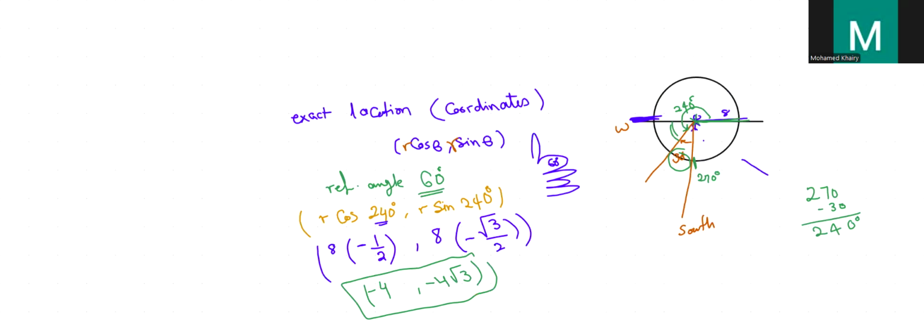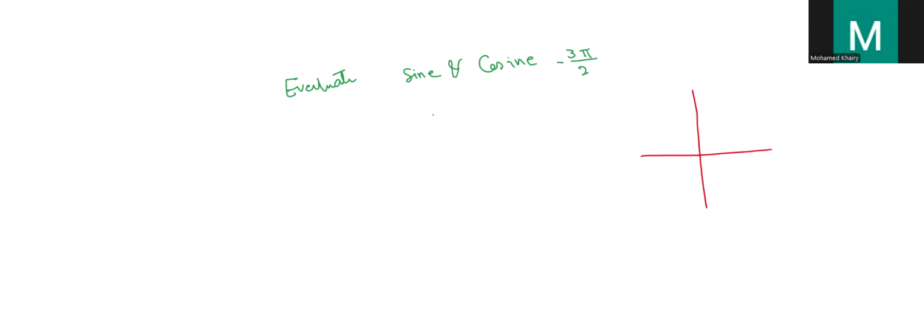But last question, or last part, maybe you're gonna face it. If I ask you, for example, to evaluate sine and cosine of negative 3 pi over 2. First step, as we said before, we have to know in which quadrant we are.